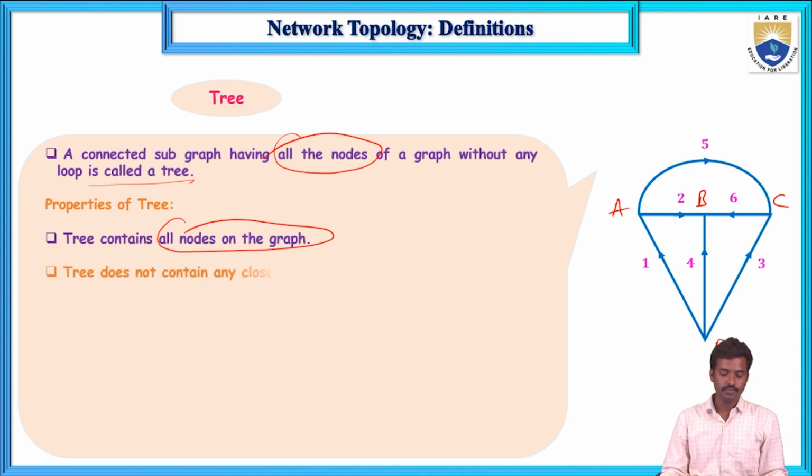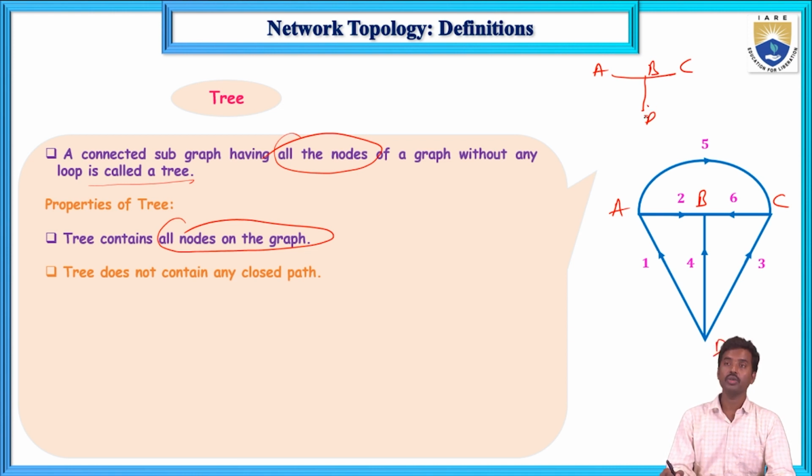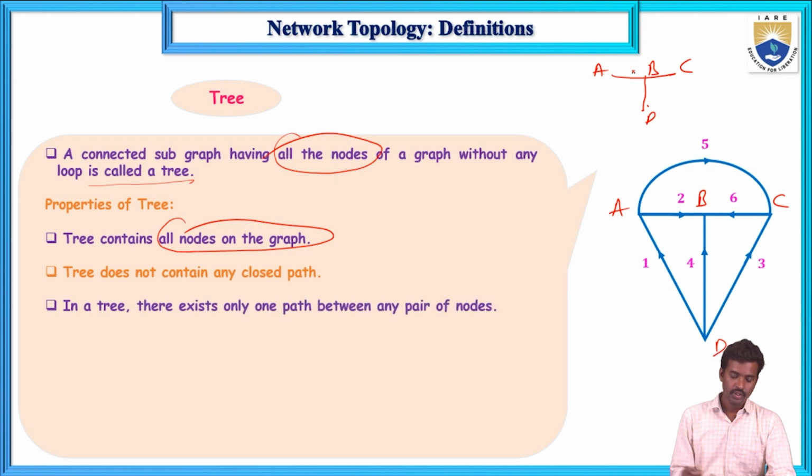Here A, B, C and D. So it consists of all nodes. It does not have any closed path. Is there any closed path? No. This is one tree. Now in a tree there exists only one path between any pair of nodes.